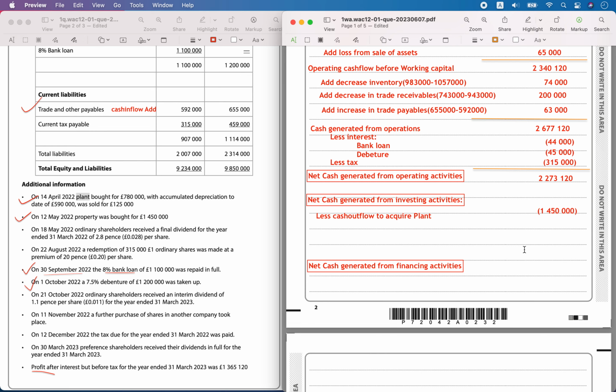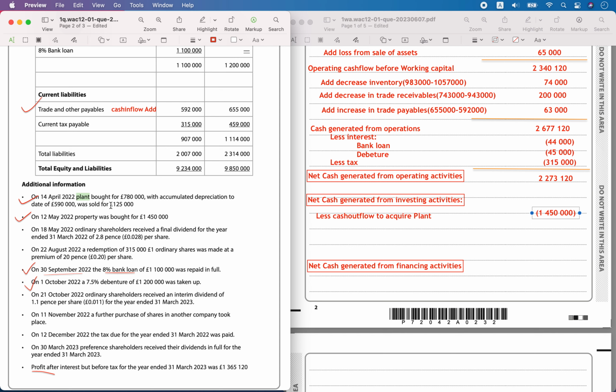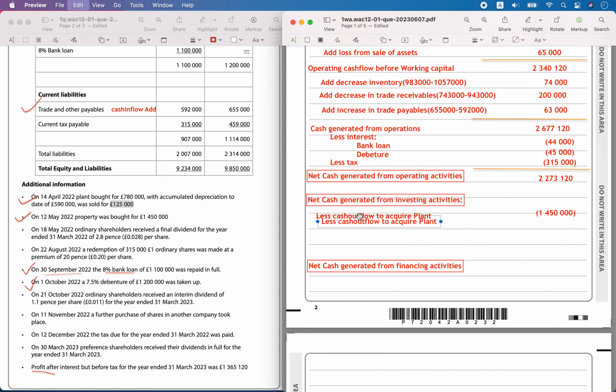So we have a cash outflow to acquire the plant, so you will subtract. And then you also got some money, a cash inflow, so I will have to add the cash inflow that happened due to sale.